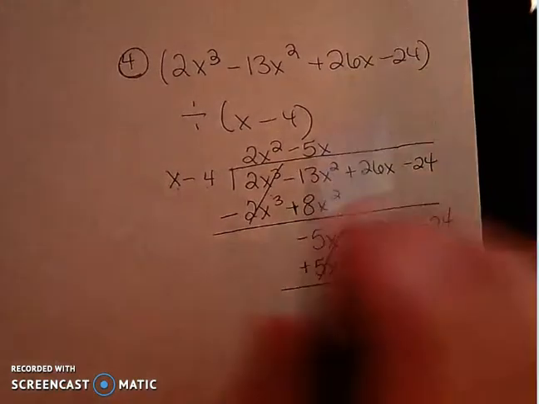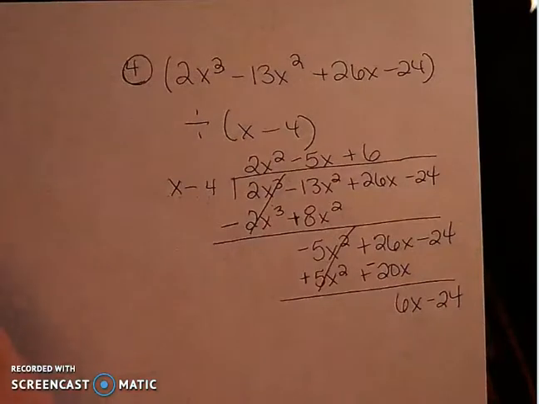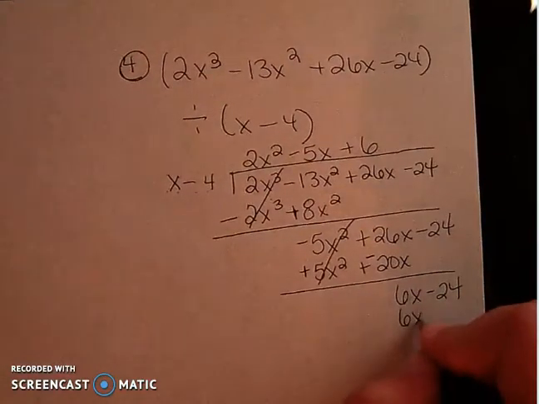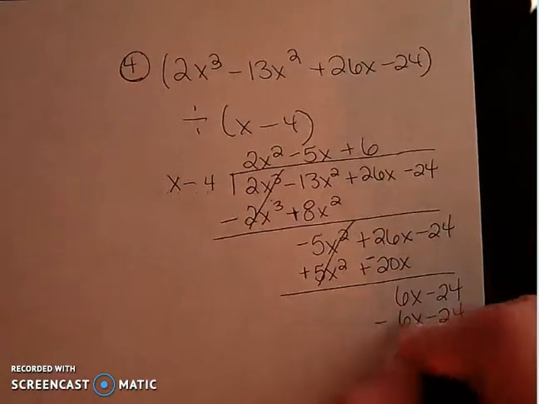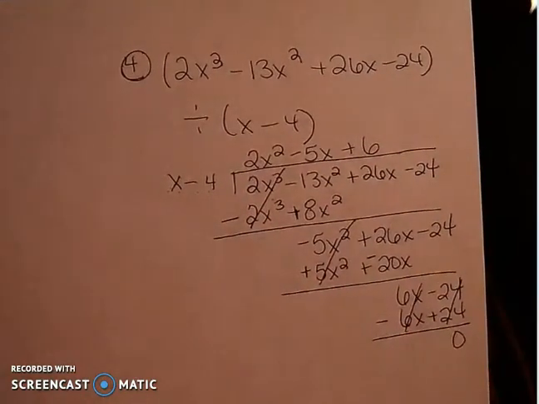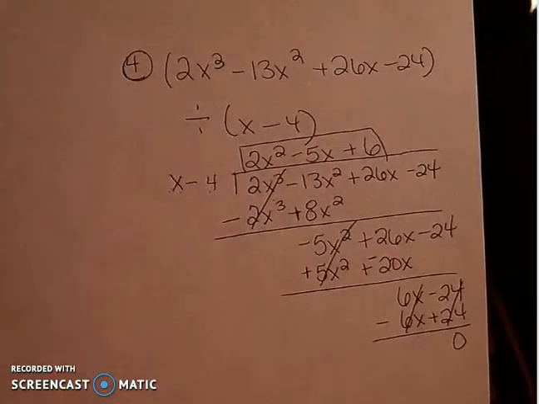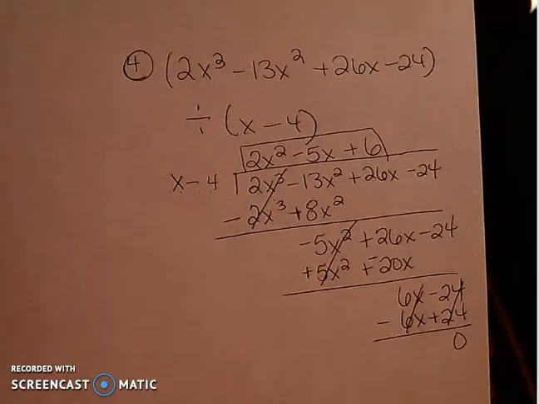Then one more time, x and a 6x is 6, so I'll multiply by 6. That gives me 6x minus 24. Change the sign of both, they both cancel, so I do not have a remainder. That means this is my answer, and x minus 4 is a factor.